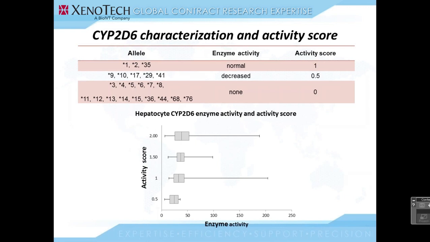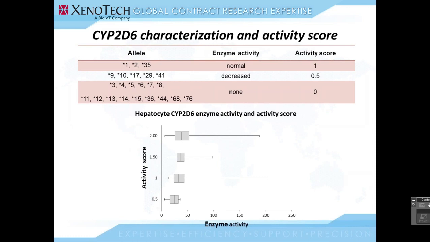You can also observe that the decline in median enzyme activity is slight in comparison with the decline in activity score. For example, activity score 2 donors have median activity of the dextromethorphan demethylase only slightly higher than those in activity score group 1.